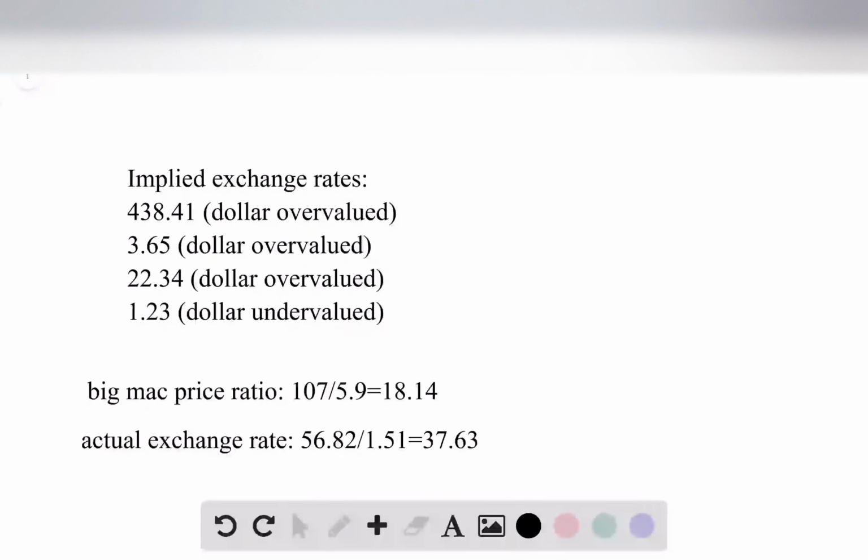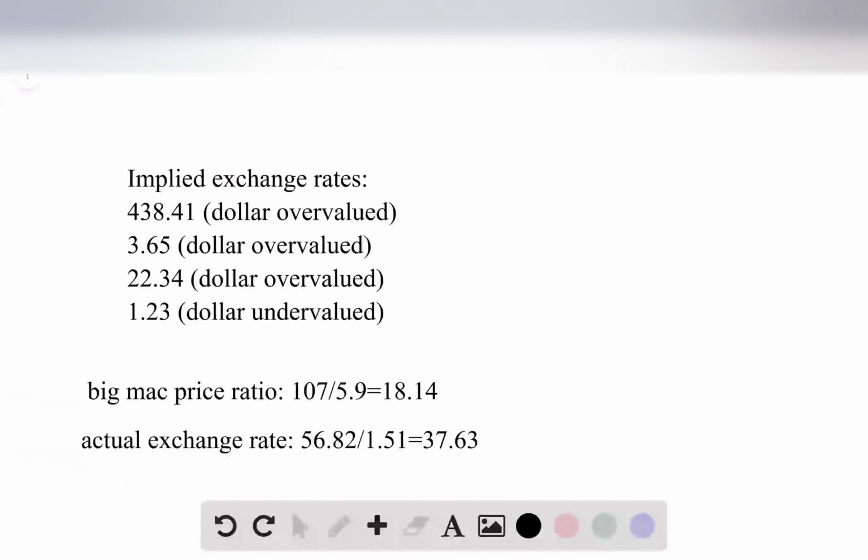So now we have to look at comparing Russia and New Zealand, the ruble to the New Zealand dollar. And if we just look at the Big Mac prices, we can calculate a ratio between those two countries' prices, and we get 18.14.